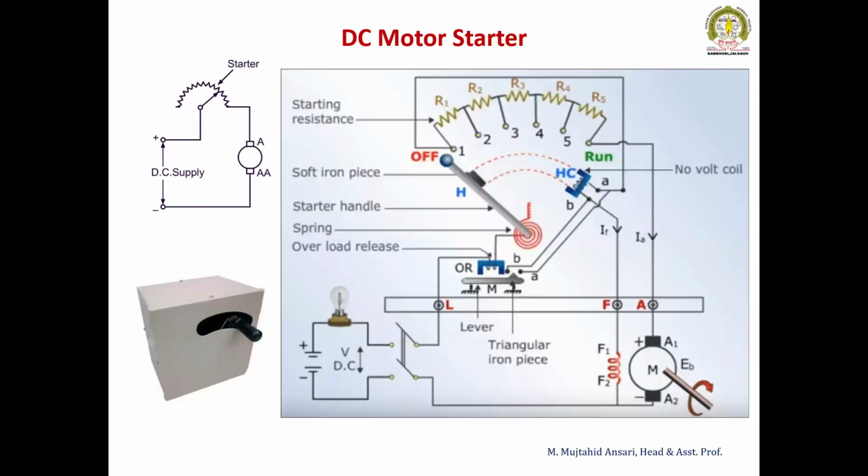Say this is the DC motor starter. We know that in the case of a DC motor, back EMF is equal to phi Z N P upon 60 A, where phi is the flux per pole, Z is the total number of conductors, N is the speed, P is the number of poles, 60 is a numerical value and A is the number of parallel paths.